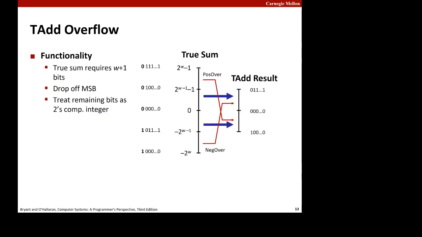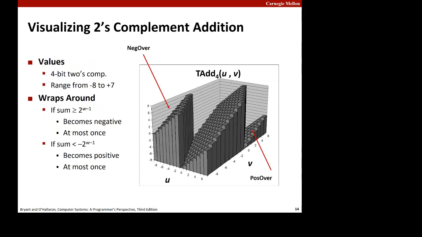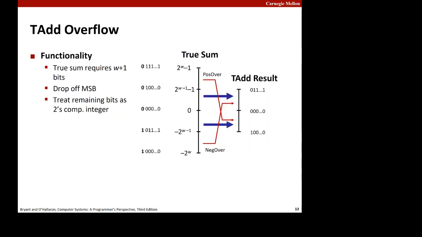So again, you can think of what happens. Let me go through this picture. Now there are actually two overflow cases. If you take two numbers and add them, and each of them is W bits, then if you look at what I'll call the true sum, the mathematical sum of those two numbers, you have three different cases.